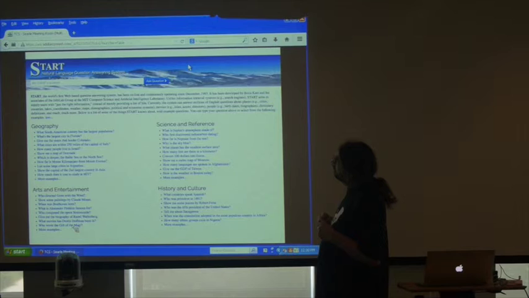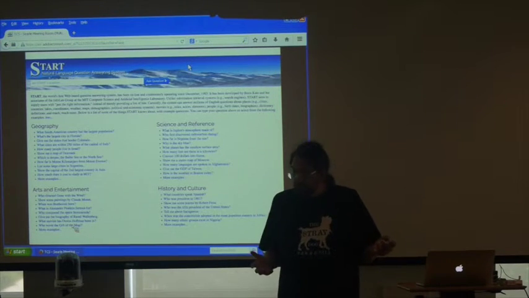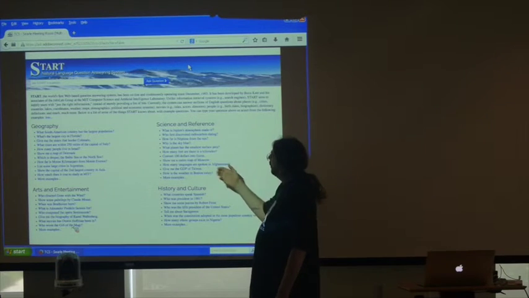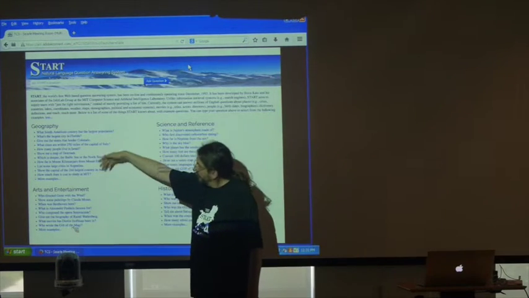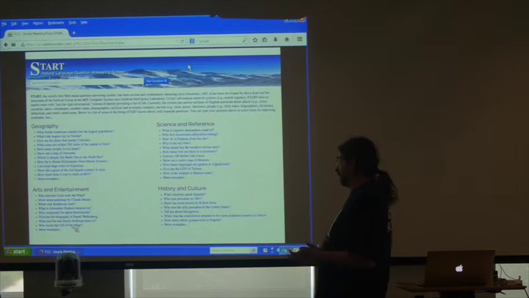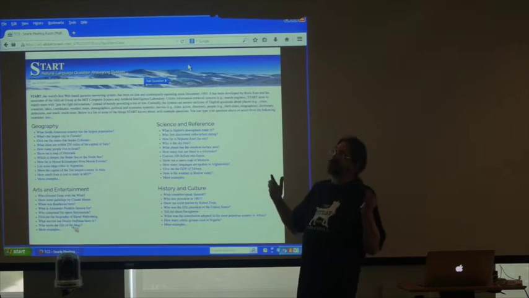So this is one from MIT, called START. You should play with it, it's been online for a bunch of years actually. And they've ingested a lot of databases, mostly in things like space science, geography, sort of Watson-like, and you can ask it questions. You can say, what's the tallest mountain in California?